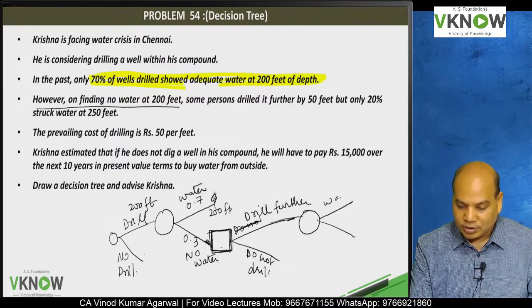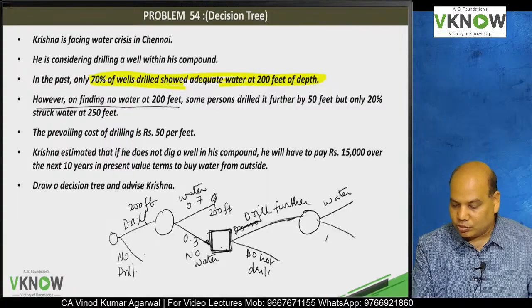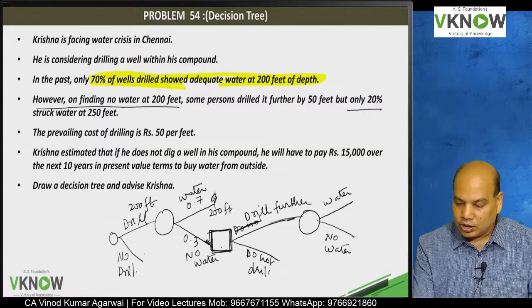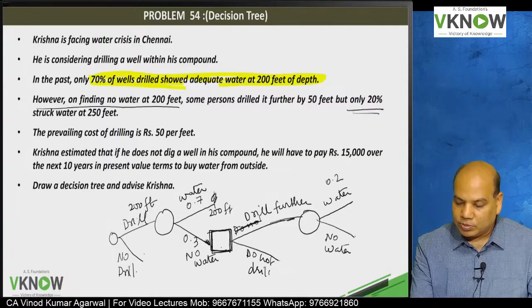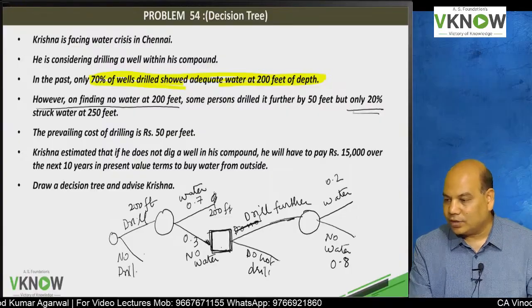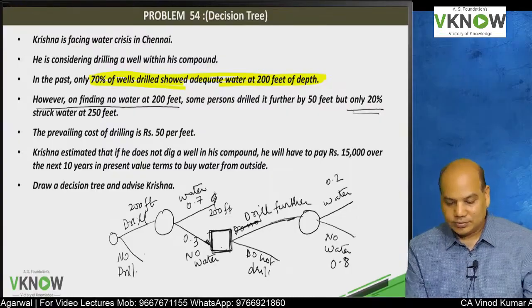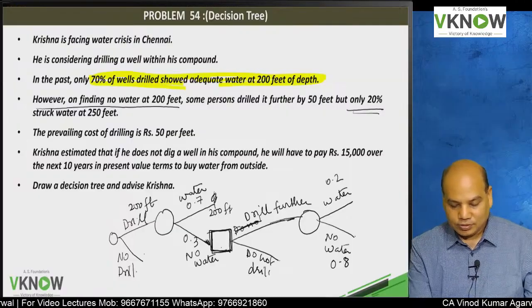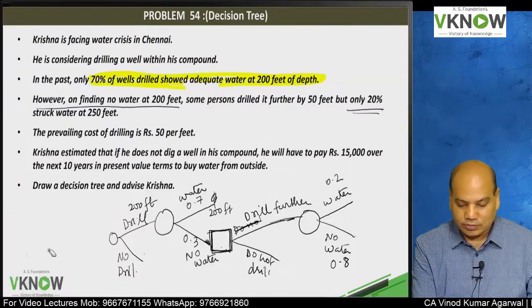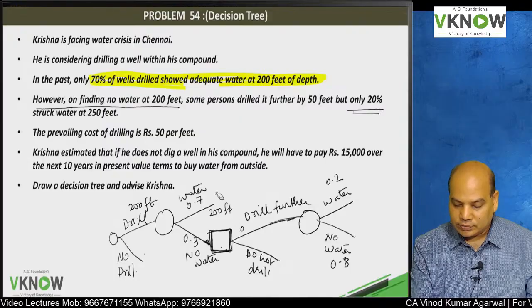You may get water and you may not get water. You will get water has only 0.2 probability, which means you may not get water after drilling further has 0.8 probability. Okay. So once you understand the question, you can understand the answer.